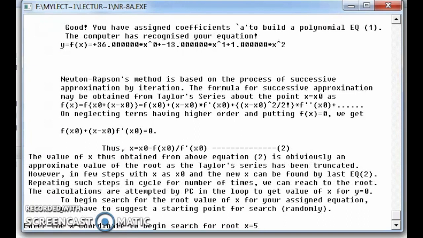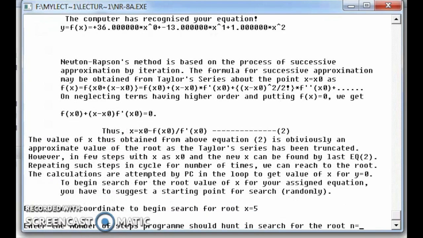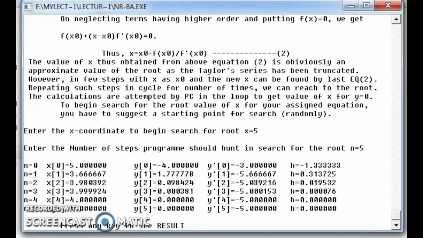Arbitrarily we start from x equal to 5, and the number of iteration steps, again I shall prefer 5, and see for x equal to 5, y is minus 4, y dash is minus 3, h is equal to minus 1.33. So the next point, it calculates, it takes it from 5 to 4. Earlier it was taking it from 1 to 4. So this is how it goes to the nearer root.